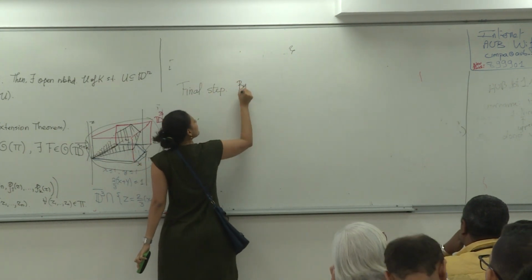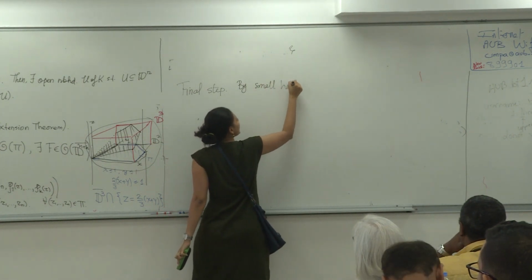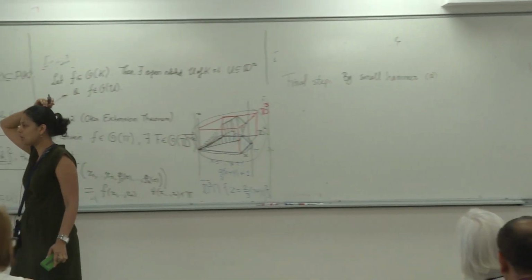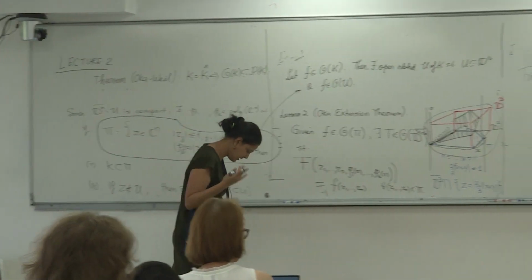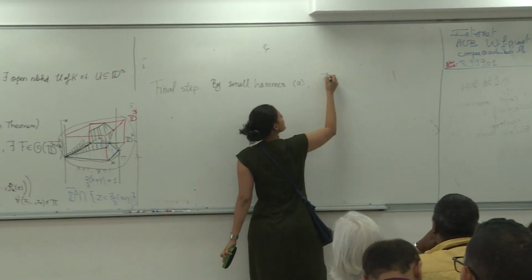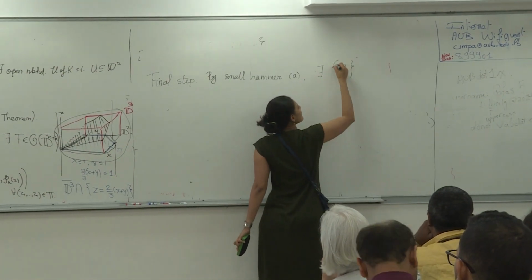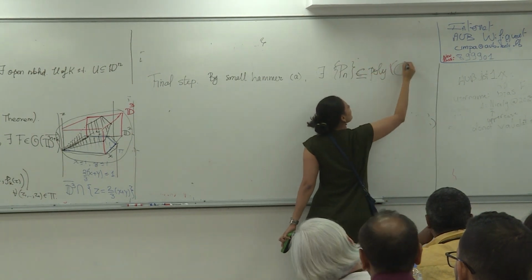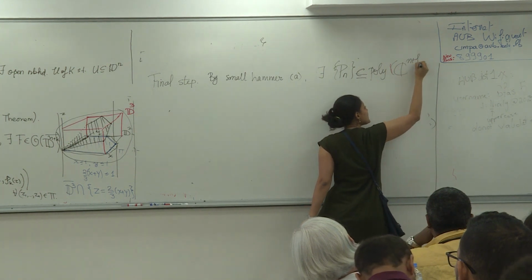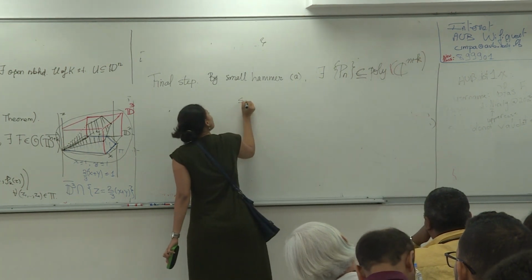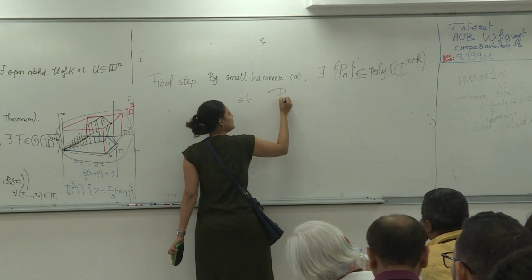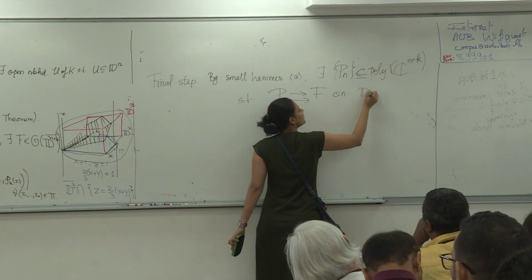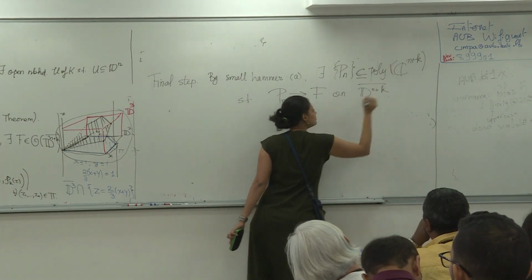So by small hammer A, remember capital F is now holomorphic in a neighborhood of a closed polydisk. We have power series expansions. So there exists a sequence of holomorphic polynomials in C^(n+k) such that capital P_n converges uniformly to capital F on the closure of D^(n+k).